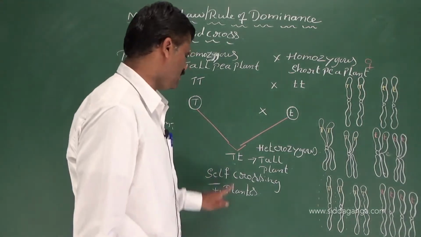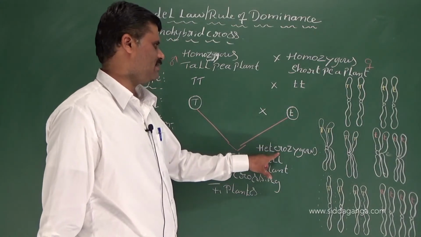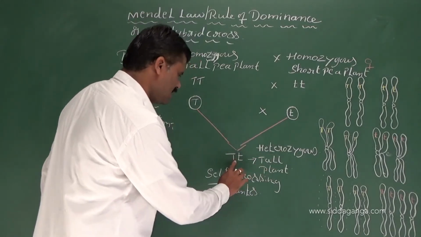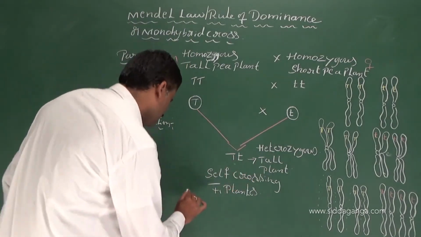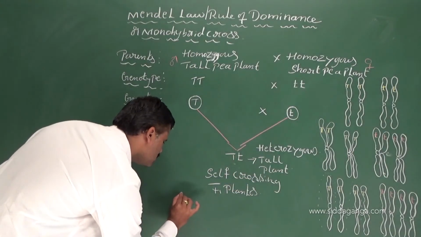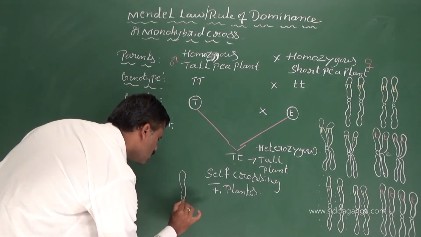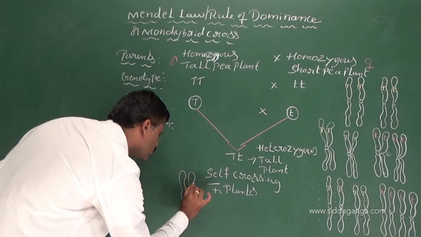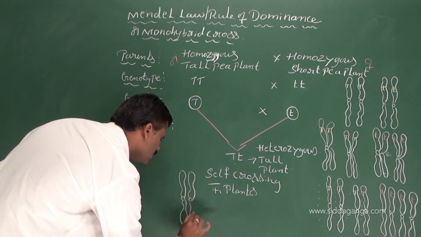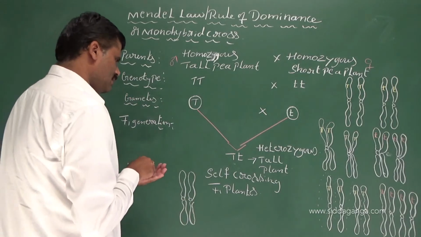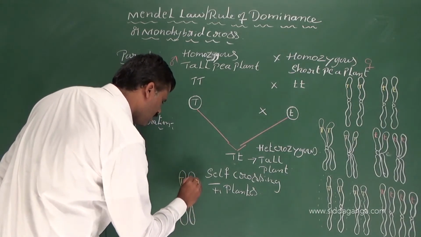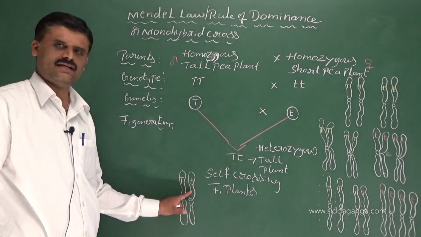I will tell you later. So heterozygous, we came to know that heterozygous means, see here, tall plants containing a set of chromosomes. Those chromosomes contain genes, that is, one is the tall representing gene and another one is the short representing gene.